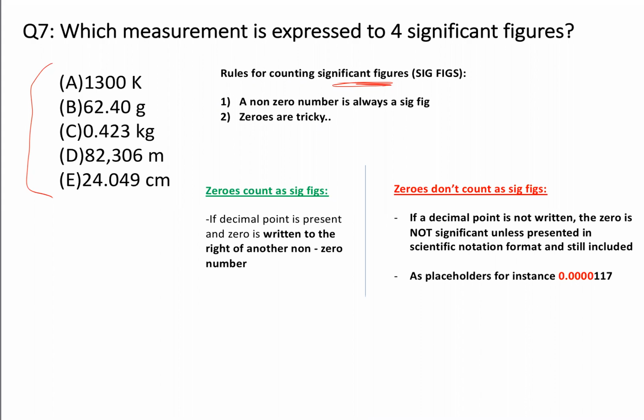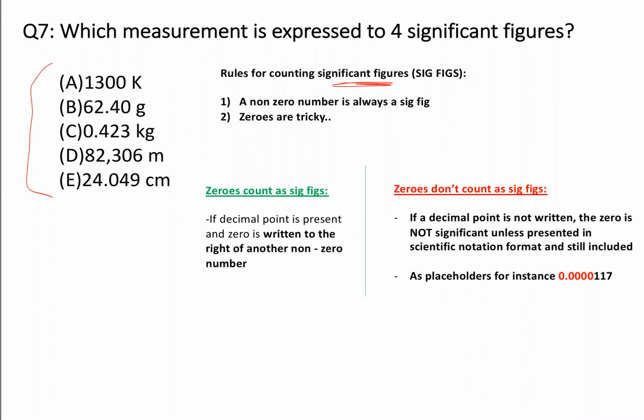So we track our significant figures to be sure that the answers that we report specify the correct precision in terms of how well we know the number that we're reporting. Sometimes we know the value very, very precisely, very exactly. And in other cases, we don't. And sig figs is just a way to track that, okay?